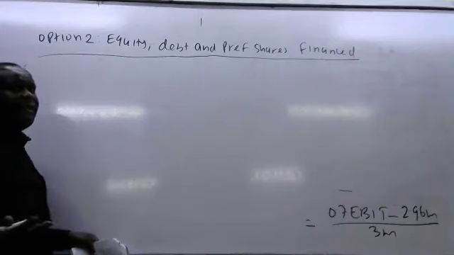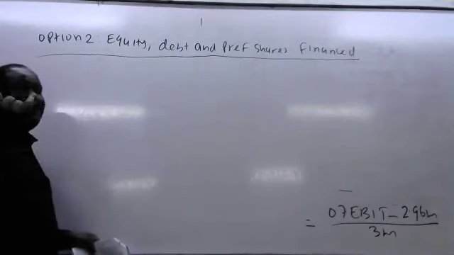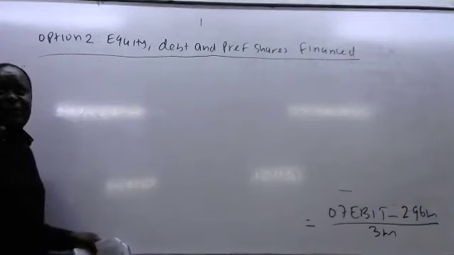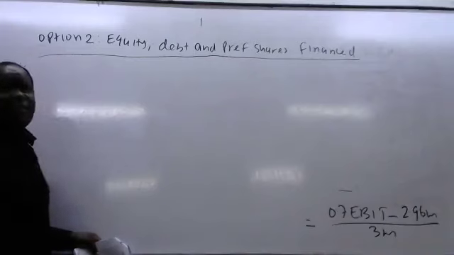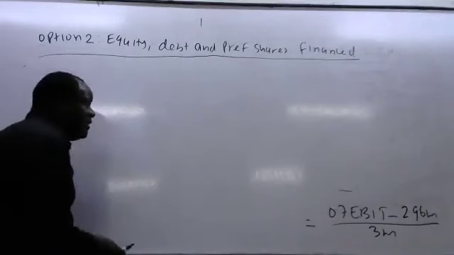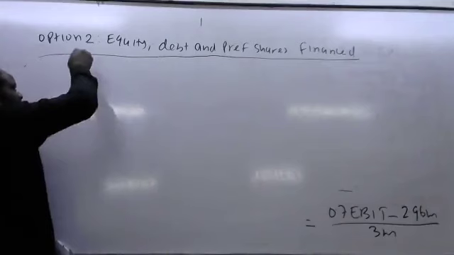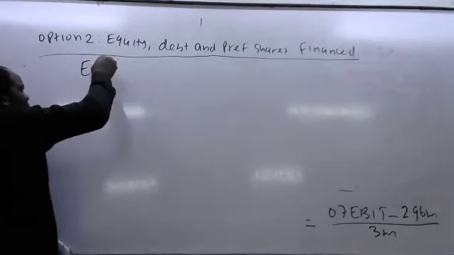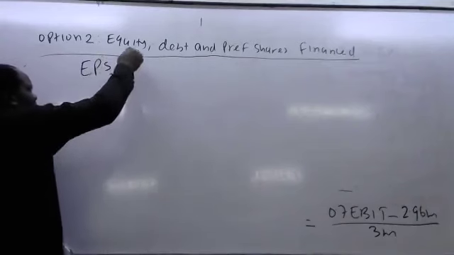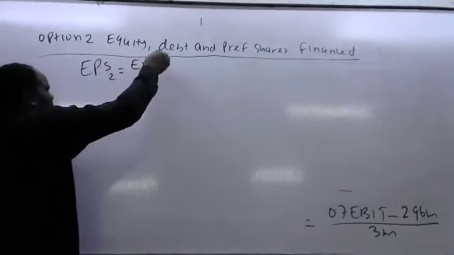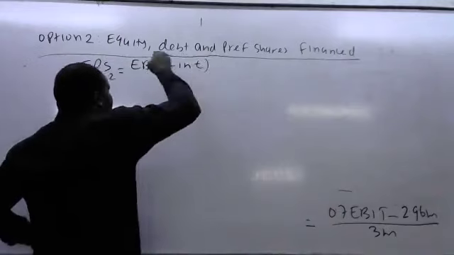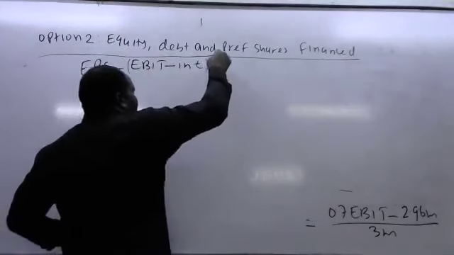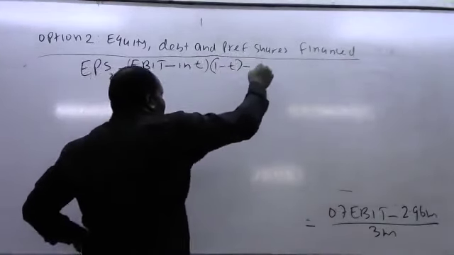So remember the original capital structure. It had ordinary shares, it had debentures, it had preference shares. So that firm is still equity, debt, and preference shares financed, whereby earning per share for that option 2 will still be earnings before interest and tax, subtract interest, then 1 minus the tax.